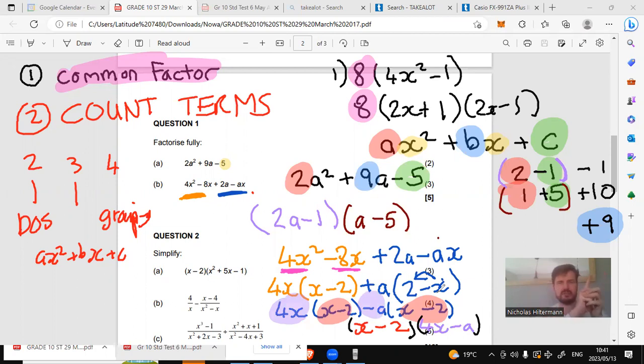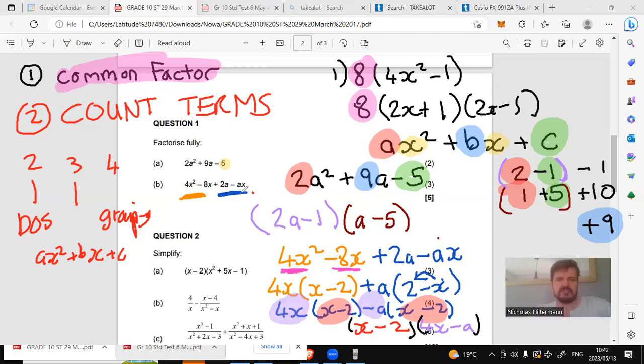Two terms, you need to be very aware of that negative, meaning you're probably going to find a difference of squares. Three terms is this tricky bit where we're factorizing a trinomial, where we have to find the factors of each. And then 4 terms is the grouping. You need to group the terms together and then take our common factors from each in the way that we've done.